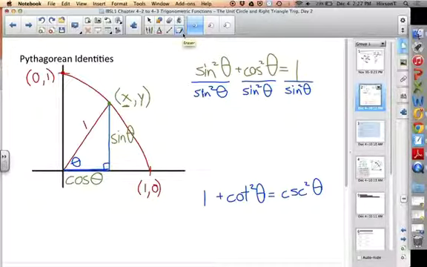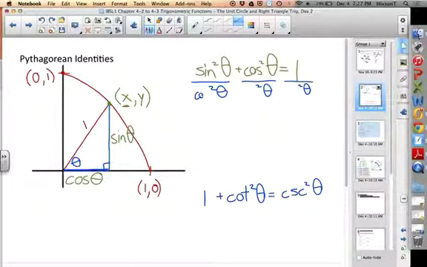Okay? How do you think we're going to find the third one? We divide cosine by cosine. Yeah, we're going to divide everything by the cosine squared. So that's going to give us sine squared over cosine squared is tangent squared.